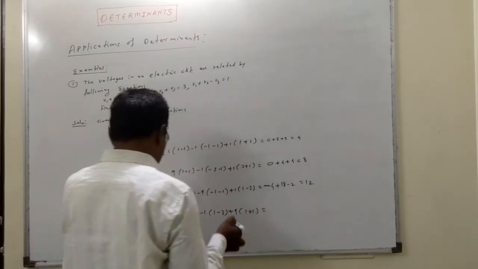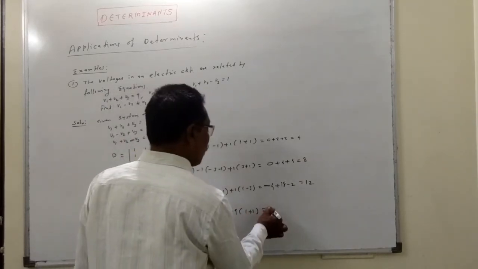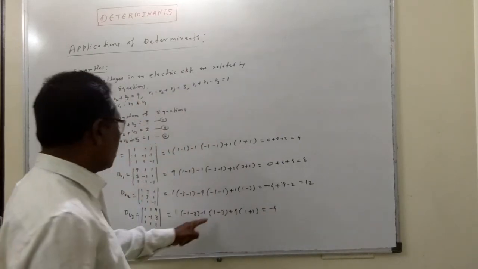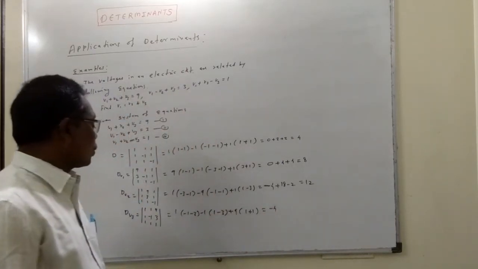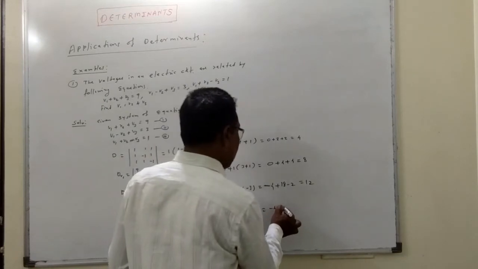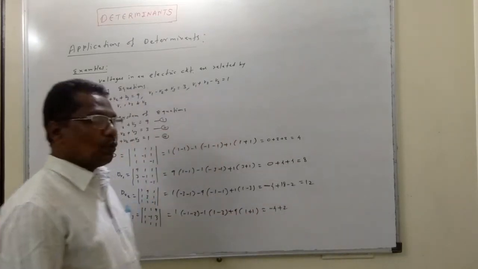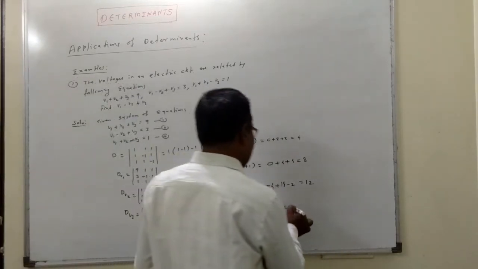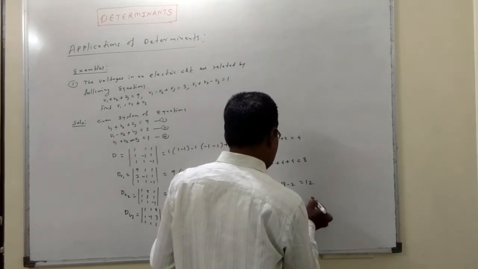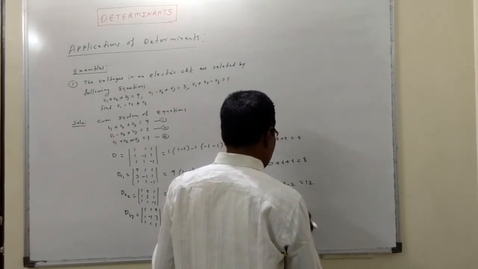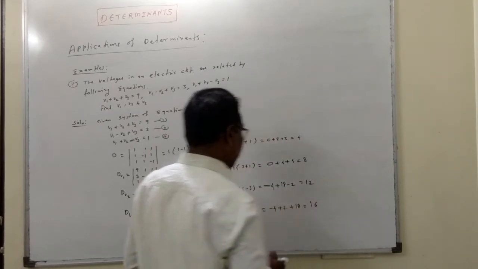So that is minus 1 minus 3, so we get minus 4. 1 minus 3 is minus 2, minus minus gives plus 2. 1 plus 1 is 2, 2 into 9 is 18, so plus 18. So that is 18 plus 2, 20, 20 minus 4 is 16.